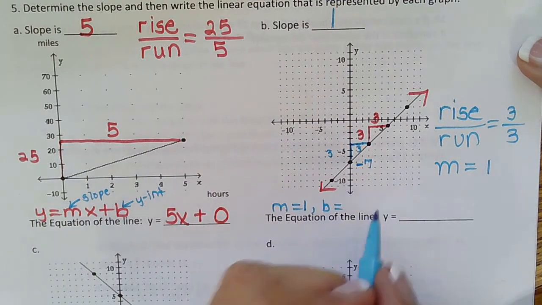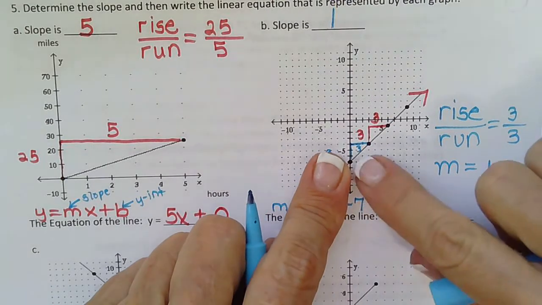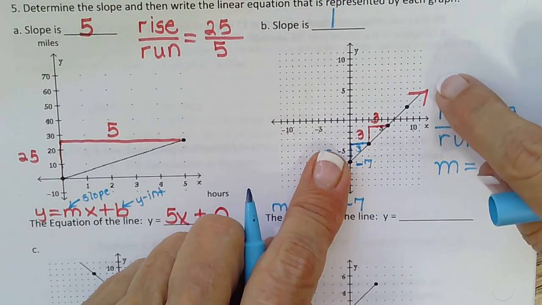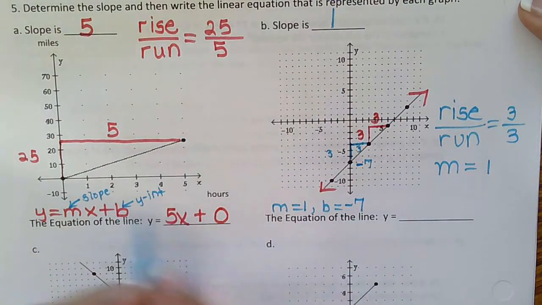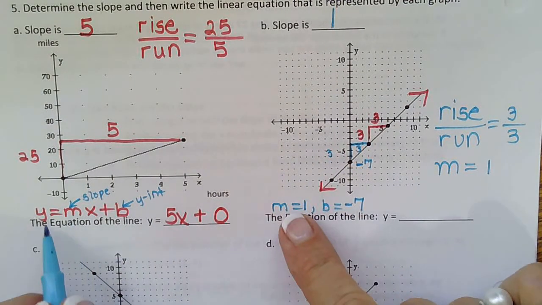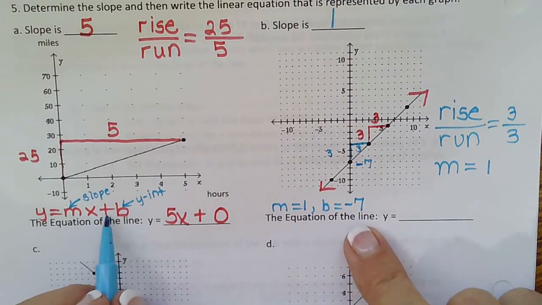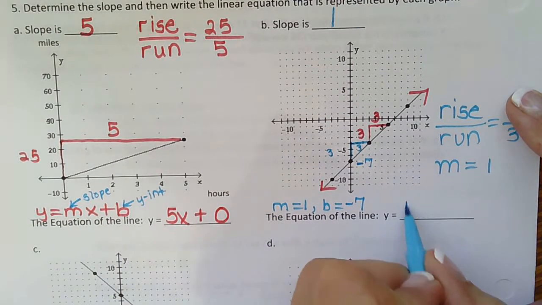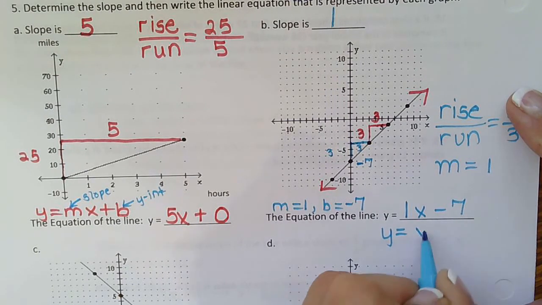That's where it crosses the y-axis, because that's what b is, the starting point, if you were just looking at this. So the starting point's -7, and it goes on forever. So going into y equals mx plus b, it'd be y equals 1x minus 7. Or even better way to write y equals x minus 7.